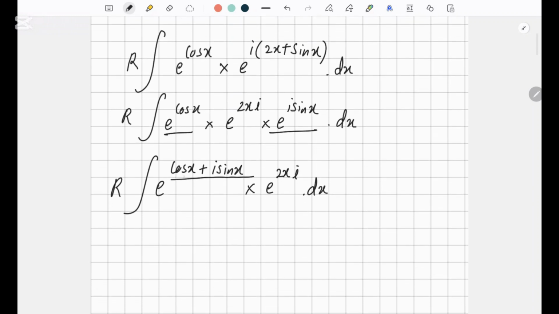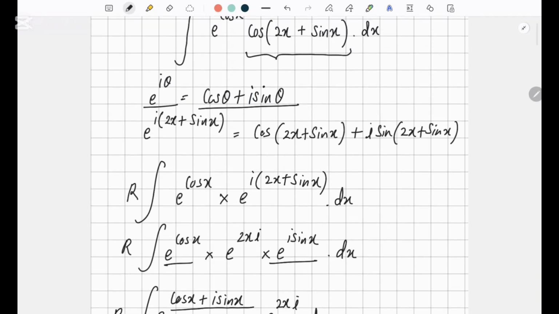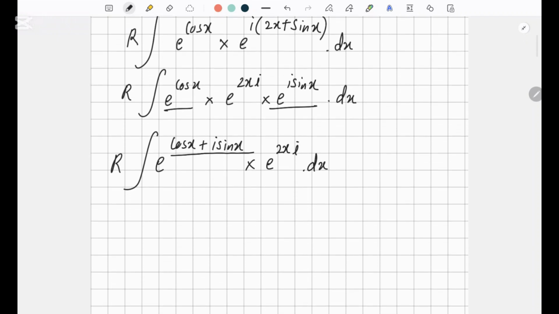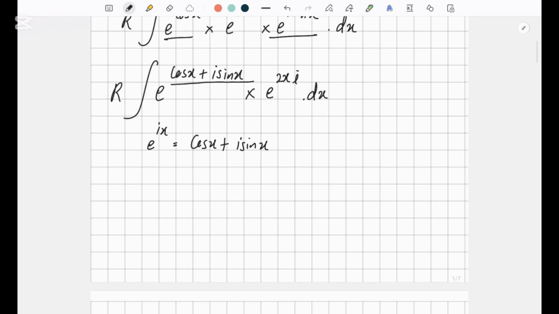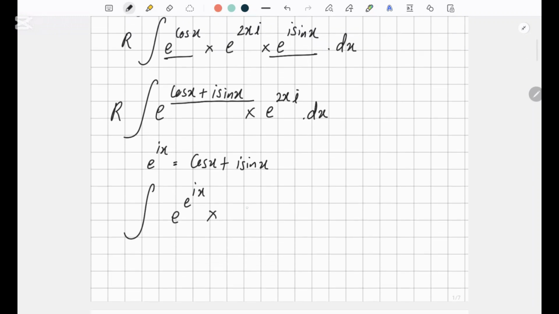So instead of writing cos x plus i sin x, you could write e to the power ix, because e to the power ix equals cos x plus i sin x. So now you could write e to the power e to the power ix into e to the power 2xi dx.